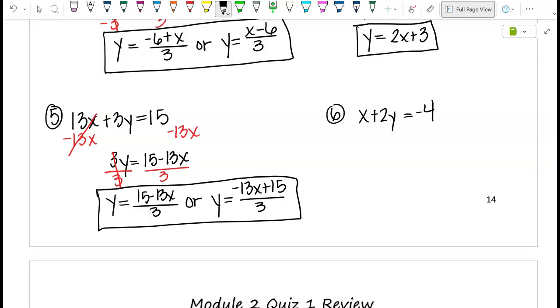All right, then x plus 2y equals negative 4. Vic, what would be the first step in solving this for y? Minus x from both sides. So we have 2y equals negative 4 minus x.